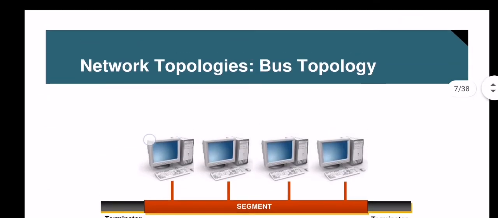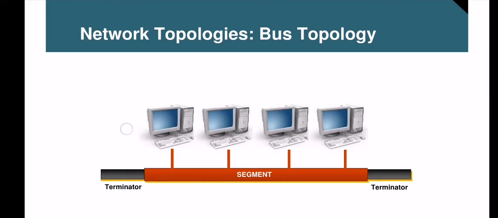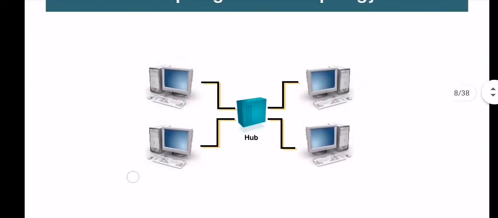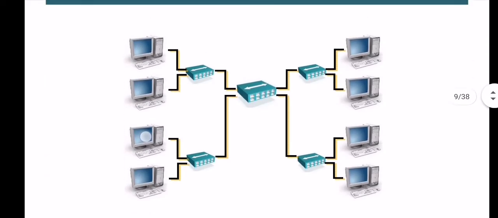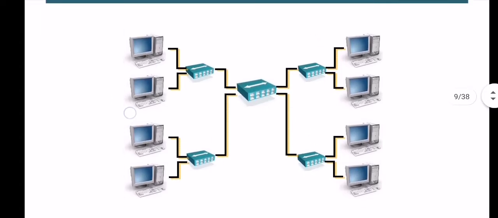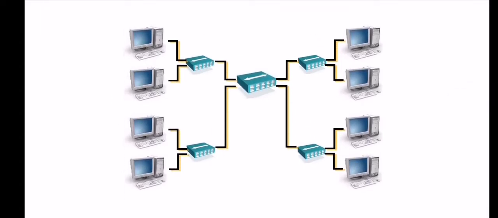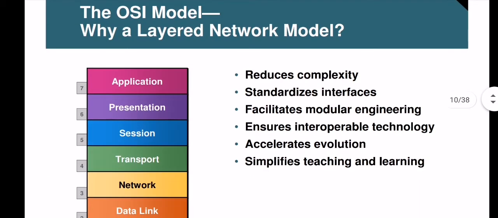It explains the previous technologies that were used also, and then the hubs, which repeats all the information all the way through all the different devices. Then we have the switches as well, and these switches actually switch based on the MAC addresses.